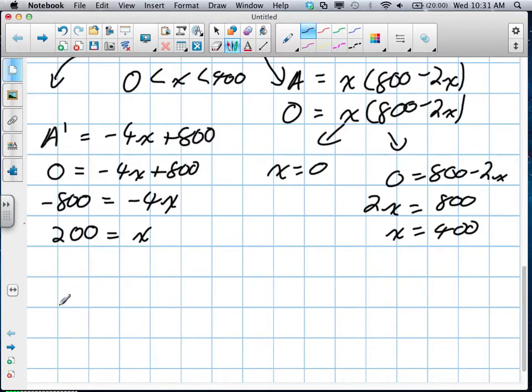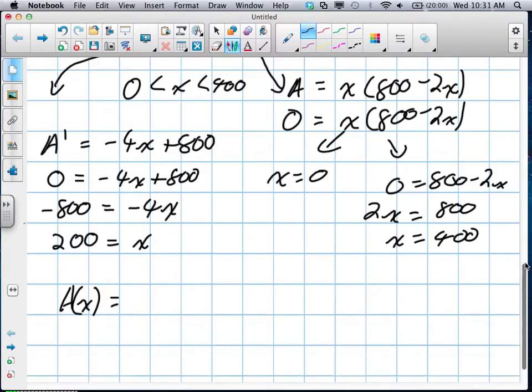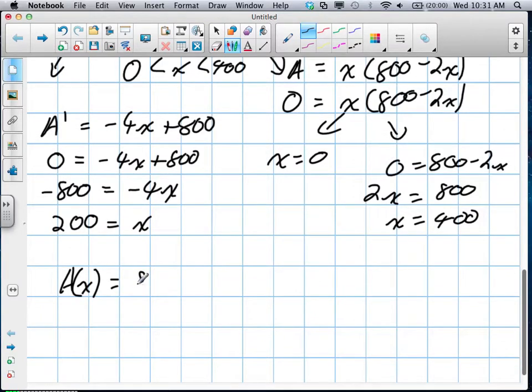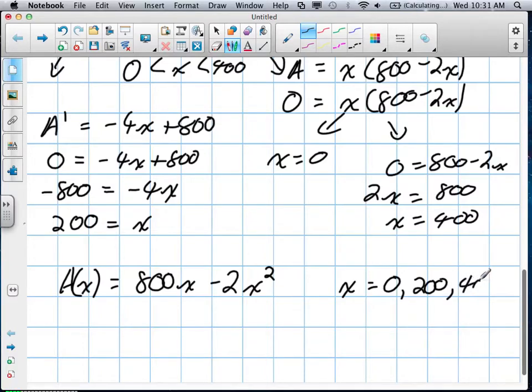So we're going to be finding A at x, where our original formula was 800x minus 2x squared. We need to find A at x when x is equal to the lowest point, which is 0, our turning point, which is 200, we just found that, and our highest point, which is 400.